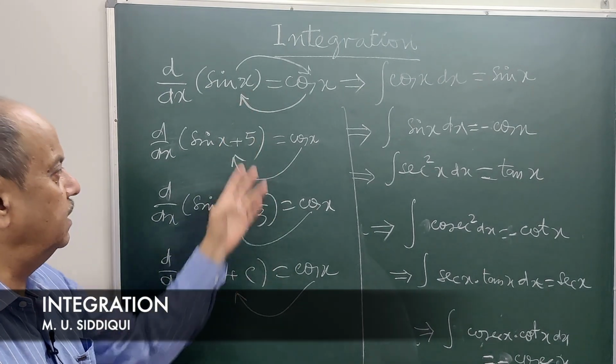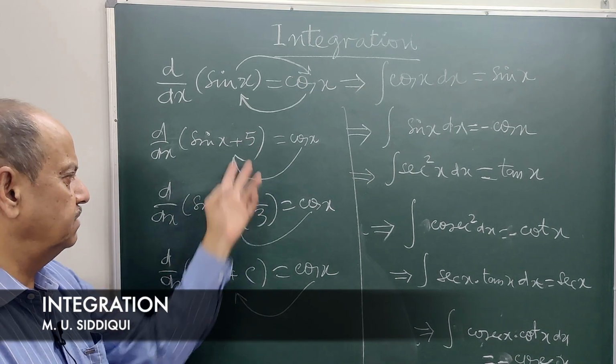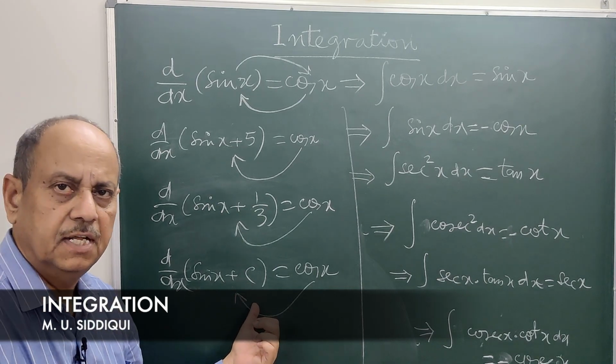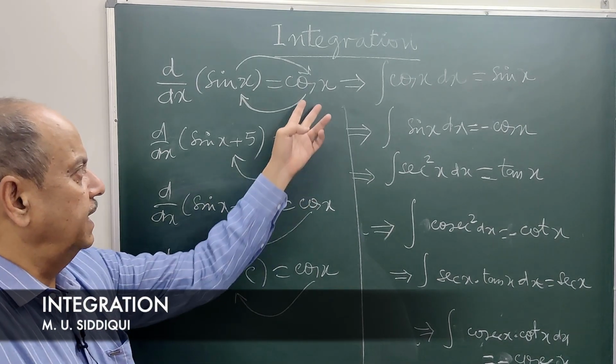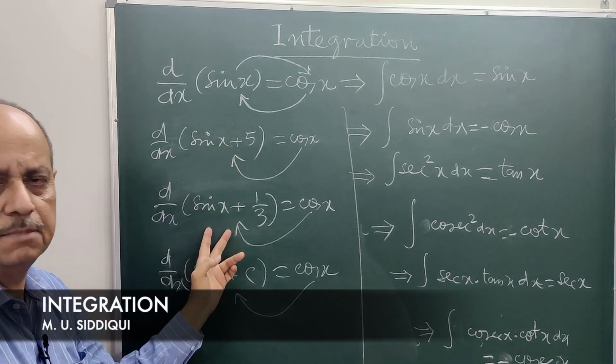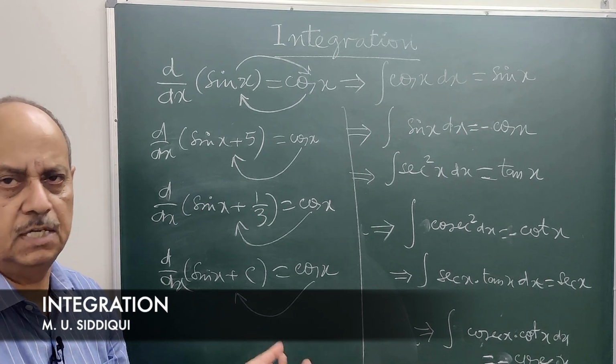So, you do not know what constant must have been added here, with a positive sign or maybe even a negative sign, because c may be positive or negative. On differentiation it will become 0, and therefore, on the right side we are getting only cos x every time, whether it was sin x, or sin x plus 5, or sin x plus 1 upon 3, or sin x plus any other constant c, which may be positive or negative.